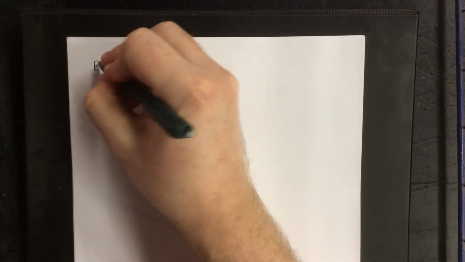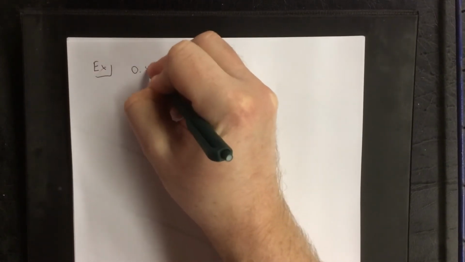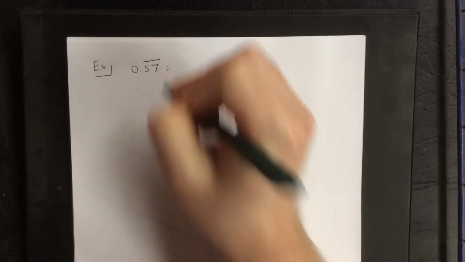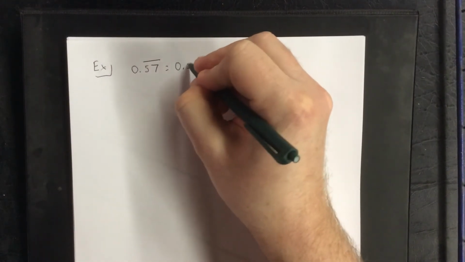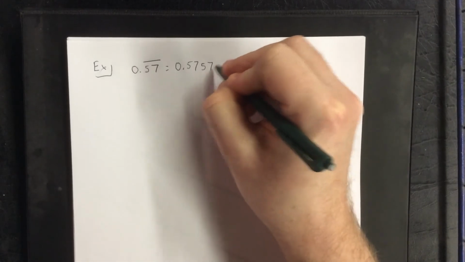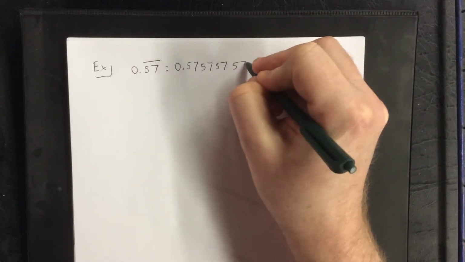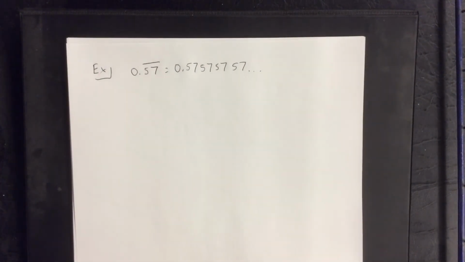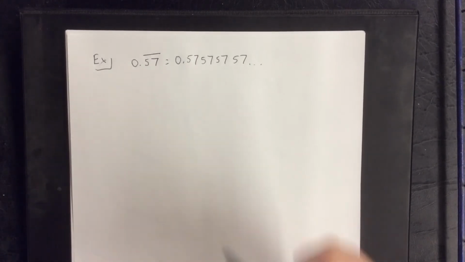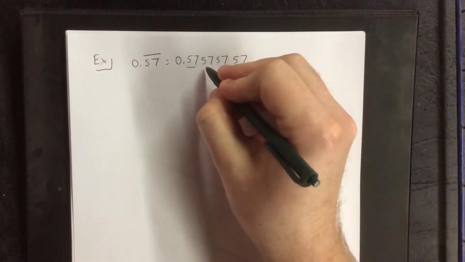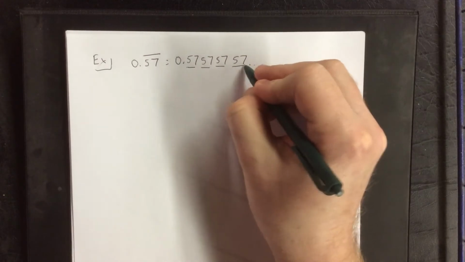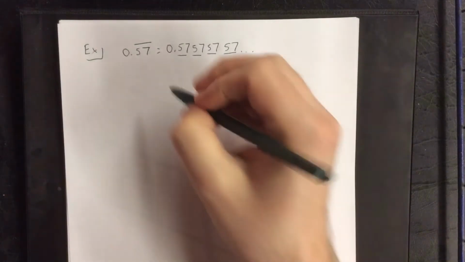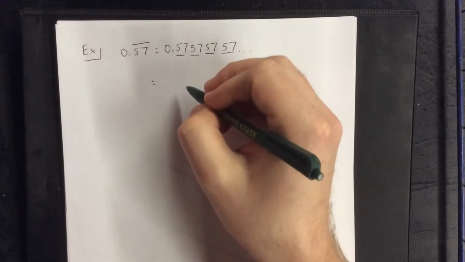Now, in the event that you have something that is periodic with a period of 2, for example, 0.57 repeating, we would interpret this to be 0.57, 57, 57, 57, etc. Rather than expressing this in terms of tenths and then hundredths and then thousandths and then 10,000ths, what we're going to do is go every other decimal place.